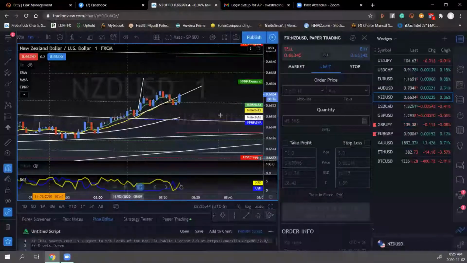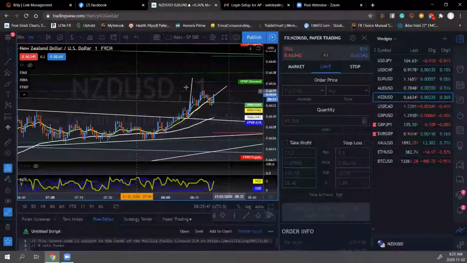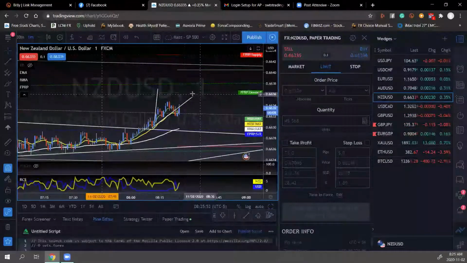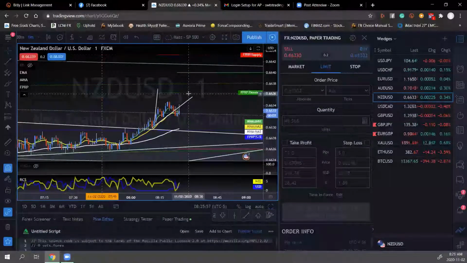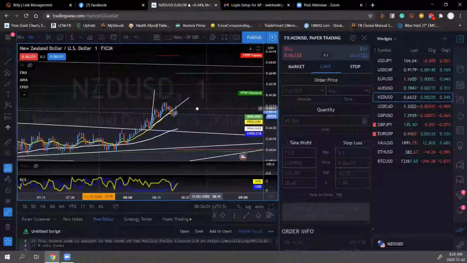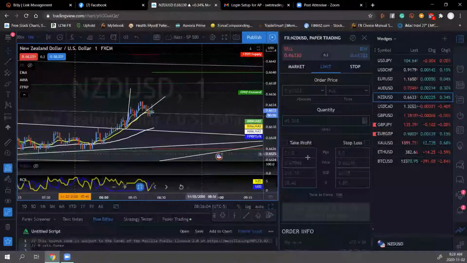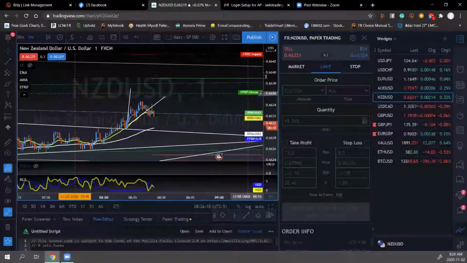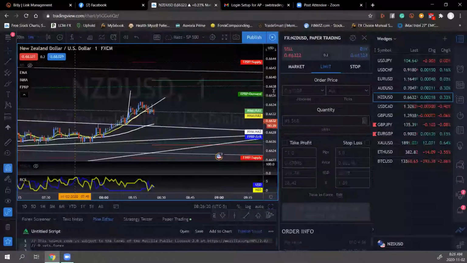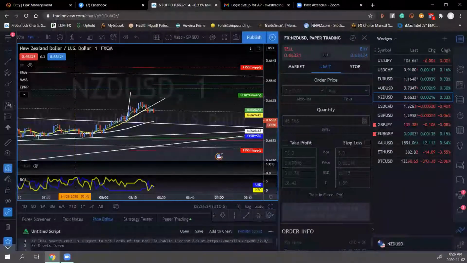I don't like how crooked my stick is, but I'm liking the idea of waiting for the cross. So let's see. Now, it's probably going to come down a little bit more. That's a better wedge. Price is moving better now. Before it was pretty slow because this is only 5 pips.